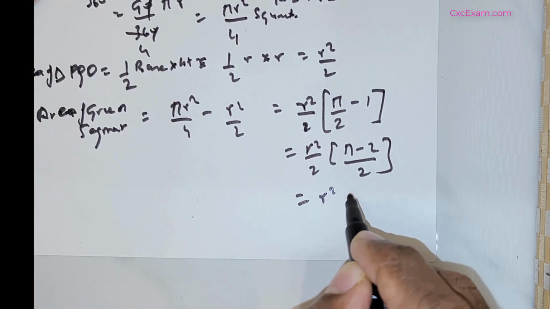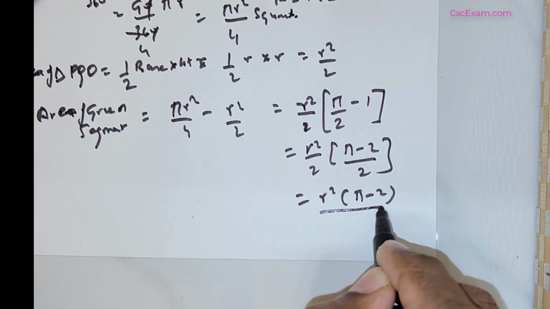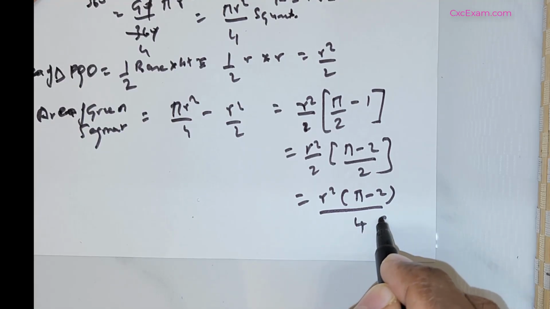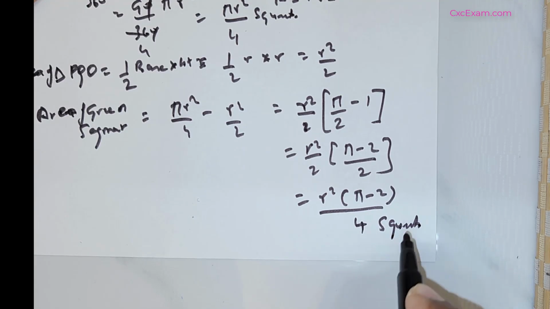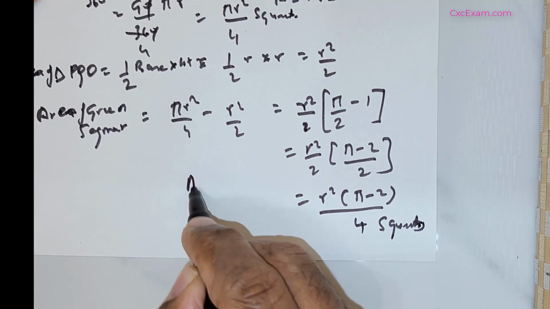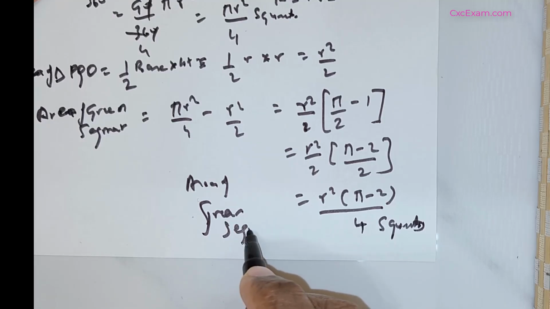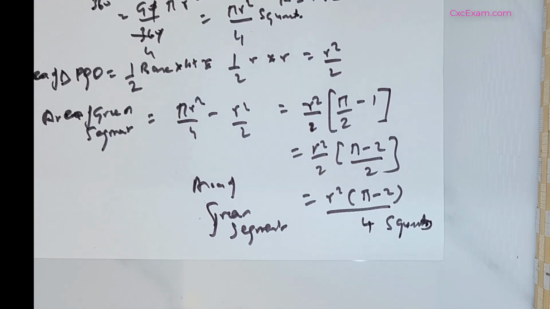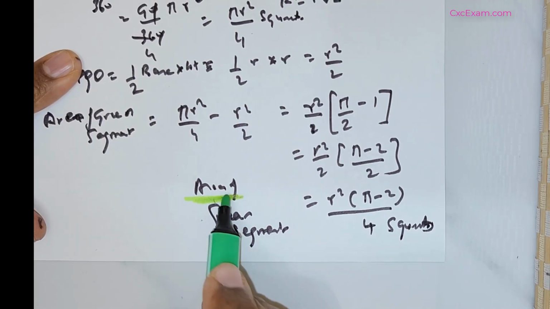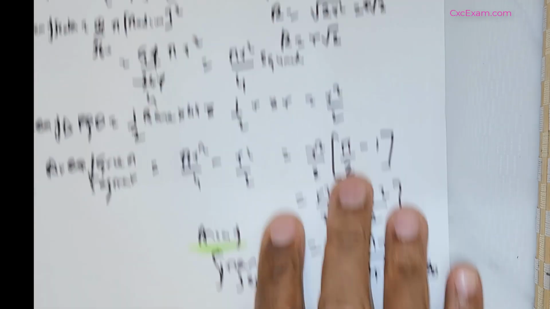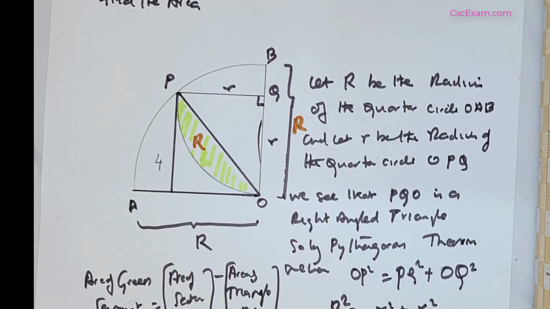You can further rewrite it as r squared times pi minus 2 divided by 4 square units. So this is the area of the green segment. Okay, now we have got the green segment. Go back to the figure.